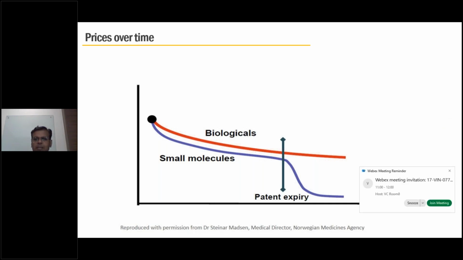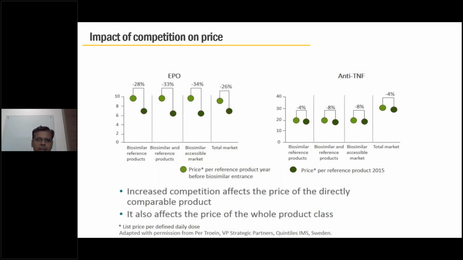That's what is essential, and for the same they have a law in place. You could see that when there are prices with respect to small molecules after patent expiry, they drastically go down. However, with biologics, they do go down, but that's not that drastic.